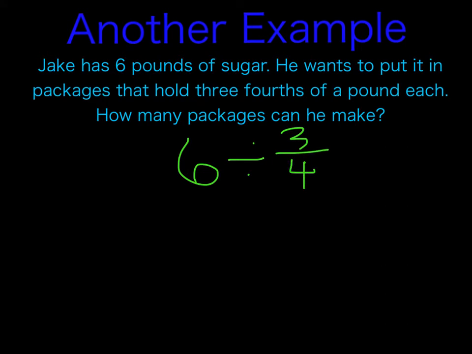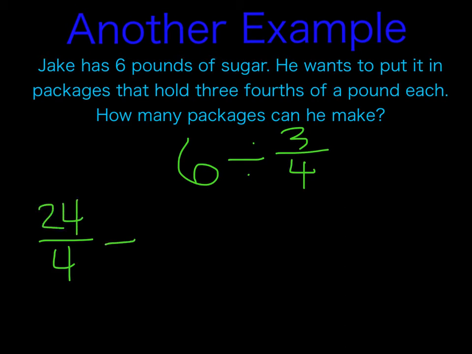The first thing that I need to do is rewrite 6 so that it has the same denominator as the dividing fraction, which is 4. So now I need to figure out what 4 times 6 is, or what number 4 goes into 6 times. This number is 24.